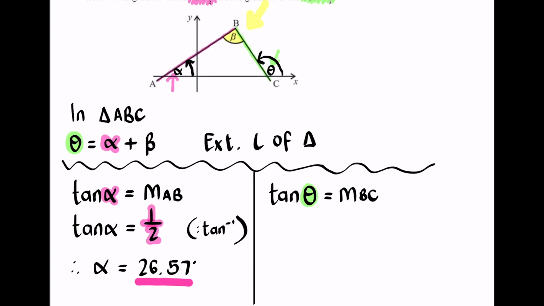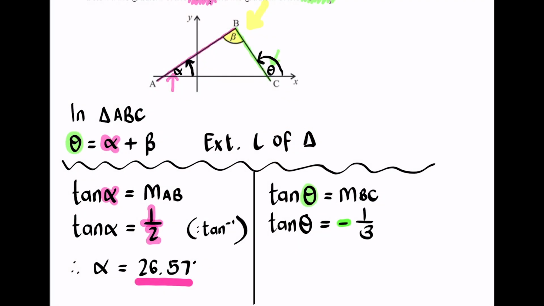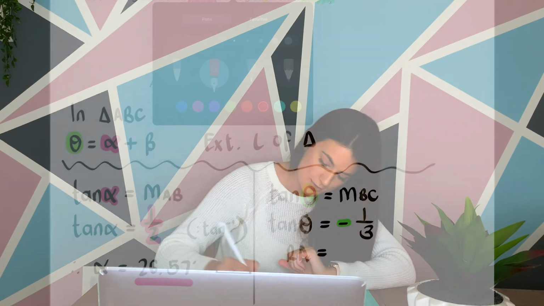Now with the next one, line BC, I have tan theta equal to the gradient of BC, which is negative a third. So now we have a negative gradient, which means that we're going to have an obtuse angle. Now, an easy way to work with this is to work with a reference angle. So we're going to say RA for reference angle, okay? And now instead of typing that negative into your calculator, you're just going to do arctan a third. So leave the negative out.